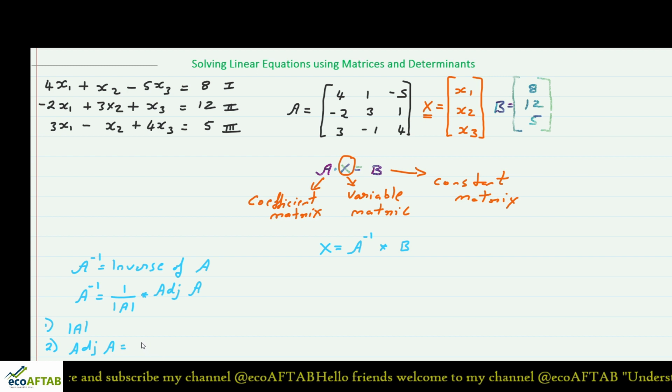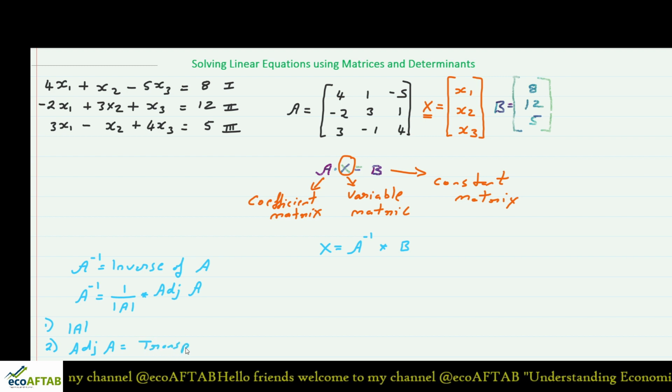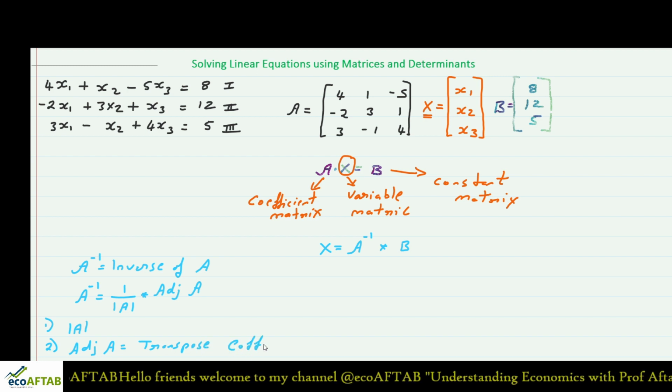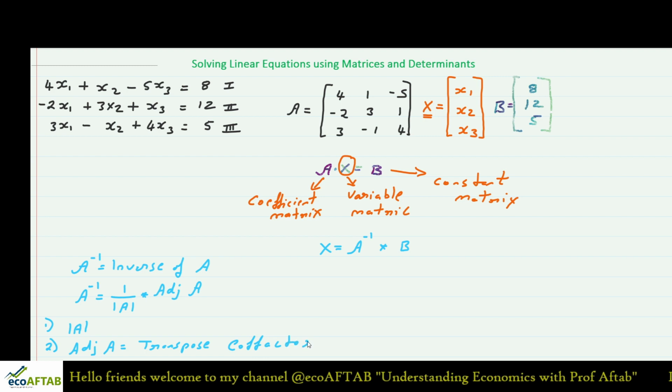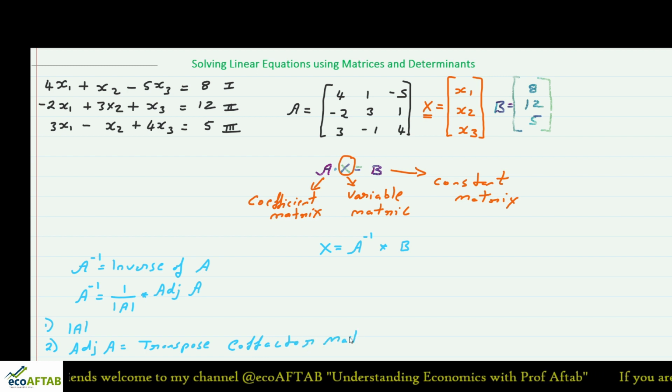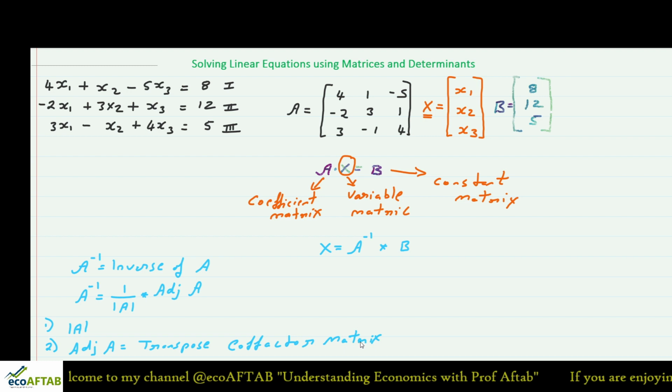Adjoint of A is nothing but the transpose of the cofactor matrix.